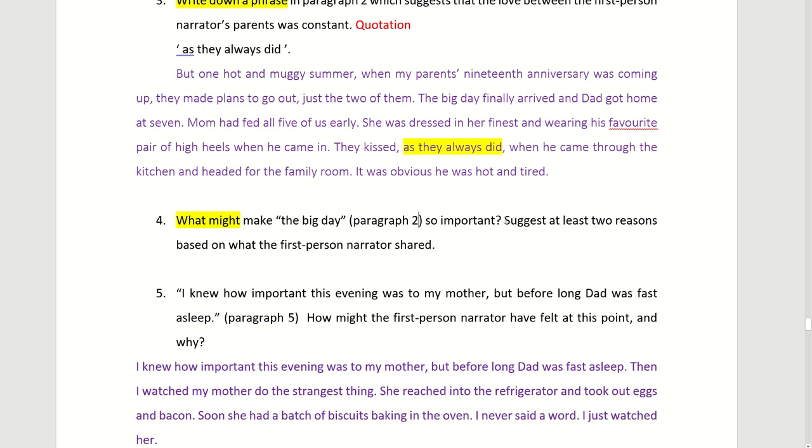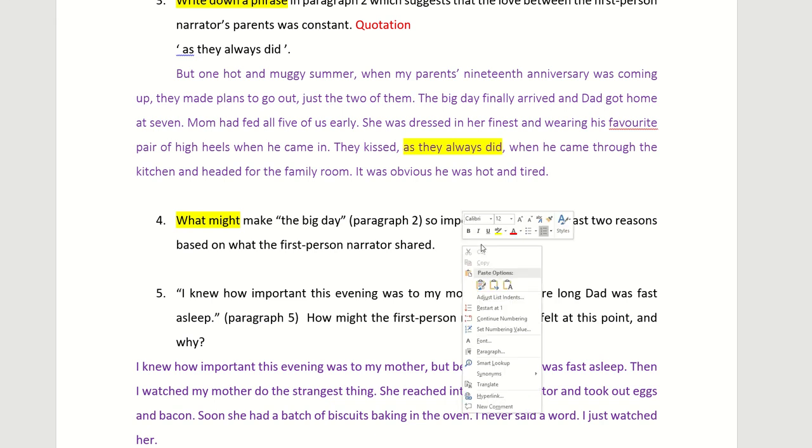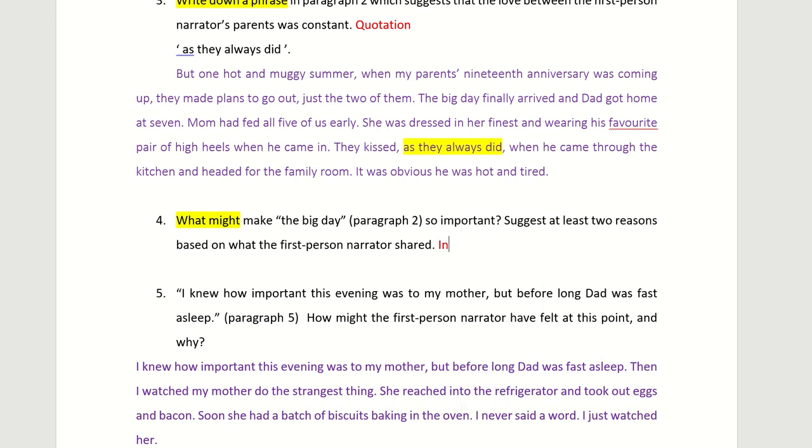It asks me to suggest at least two reasons. So what kind of question is this? Inference.